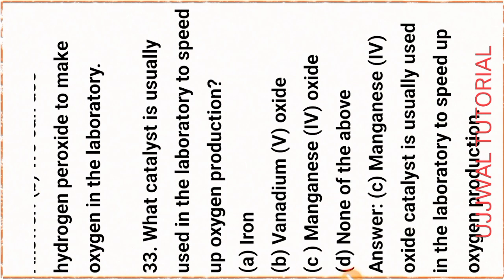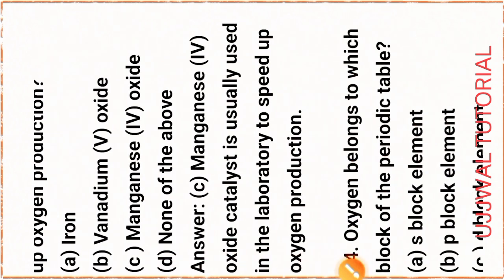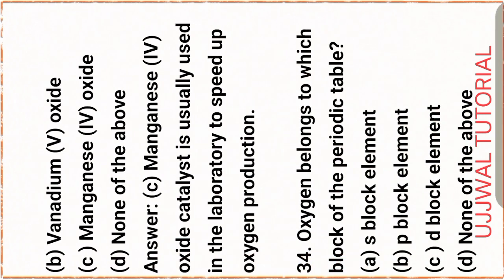What catalyst is usually used in laboratory to speed up oxygen production? Option C, manganese dioxide. Manganese dioxide catalyst is usually used in the laboratory to speed up oxygen production.